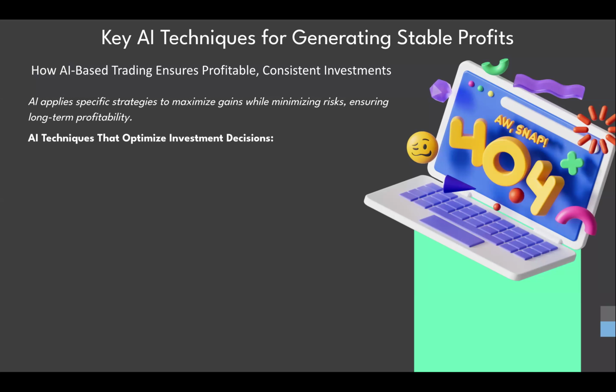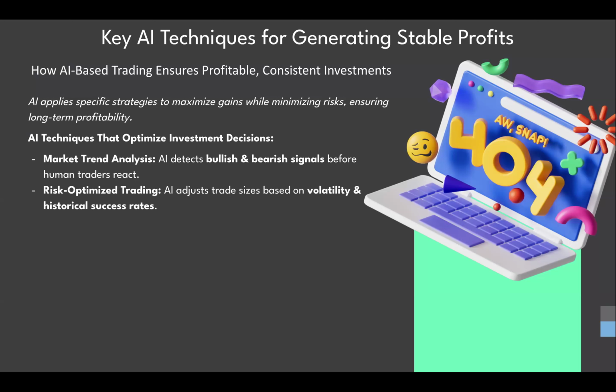So AI techniques that optimize investment decisions include market trend analysis. AI can detect when the market is having a bullish or bearish signal before human traders can react. And then we can also talk about risk optimized trading. AI can adjust trading size based on volatility, which I've mentioned earlier, and historical success rate.